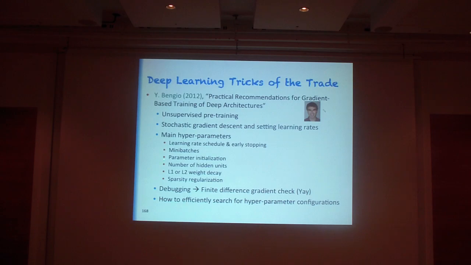How to initialize parameters, how to initialize weights, how to set the number of hidden units, how to set regularization coefficients like L1 or L2 weight decay, which make the parameters closer to 0 somehow, and possibly exactly 0 in the case of L1. How to use sparsity regularization on the activations, on the representations themselves. Some tricks on how to improve debugging, for example, using a finite difference check of the gradient, something really simple and very useful to guarantee that your code is doing the right thing.